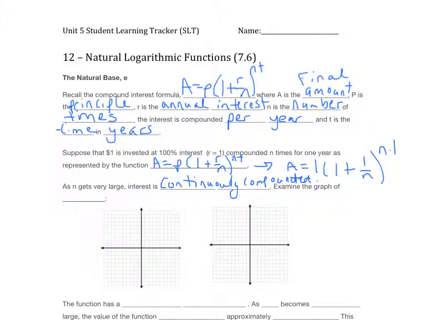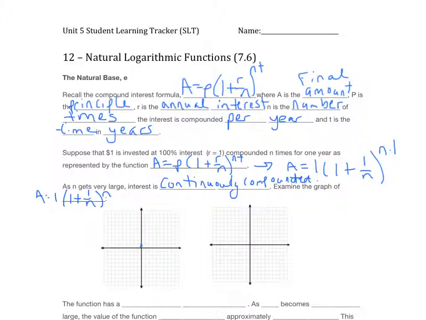So if we examine the graph of this function, A equals 1 times 1 plus 1 over n to the n, what we'll notice is anything to the 0 power is 1, and 1 times 1 is 1. So we're going to have this point right here at 0, 1.